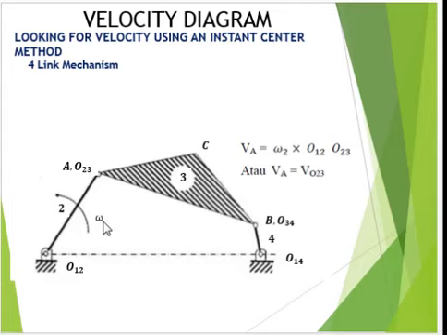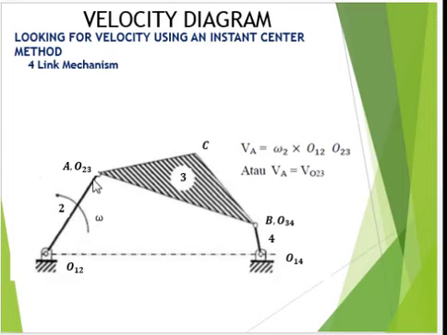We can look for the equation. The velocity at point A equals omega 2 multiplied by the radius O12 O23.